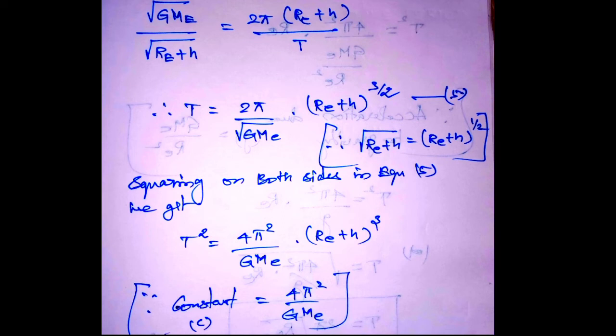Also we need only the time period. Therefore the time period T equals 2π divided by the square root of G Me, into (Re + h)^(3/2). This is equation number 5.